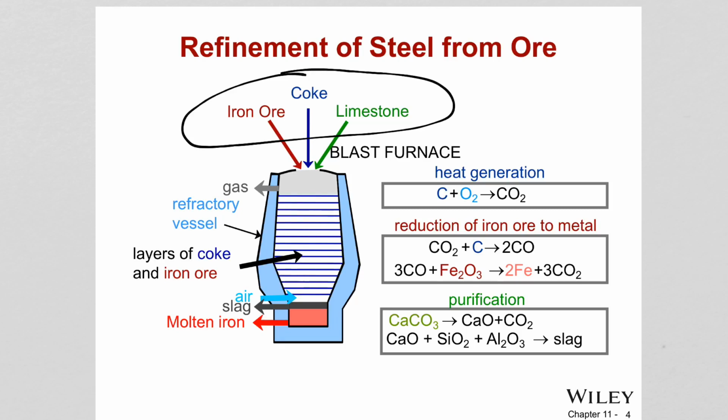When they react with calcium carbonate, they form what we call the slag, which is a layer floating on top of the molten metal, which can be easily removed. After this process, the molten iron will be taken to other furnaces where it will be enriched with different types of alloying elements, and different types of steels will be produced.